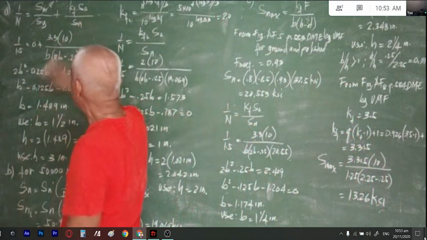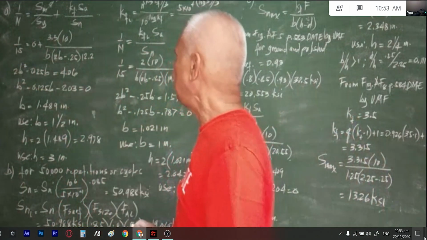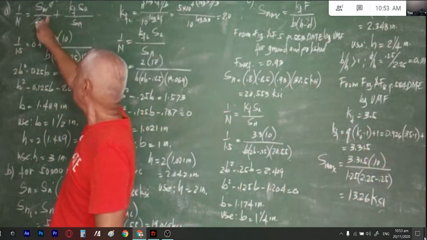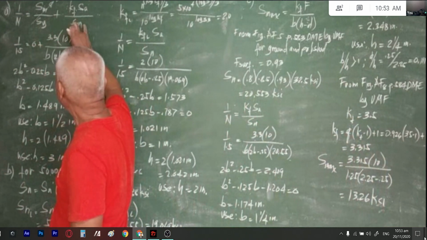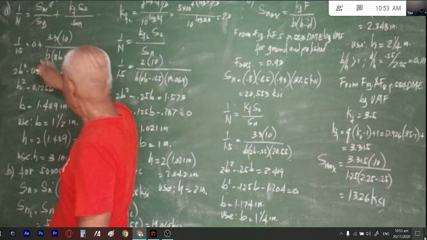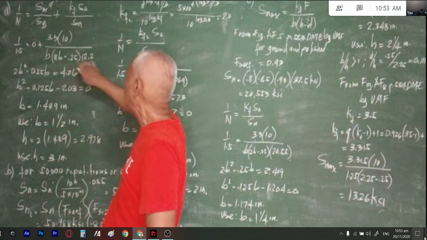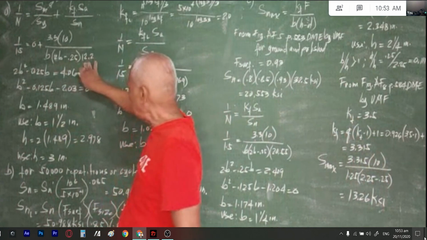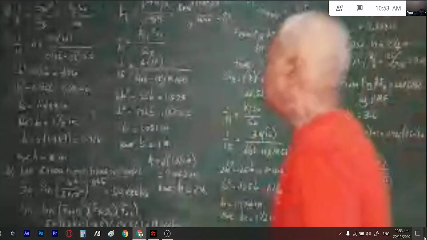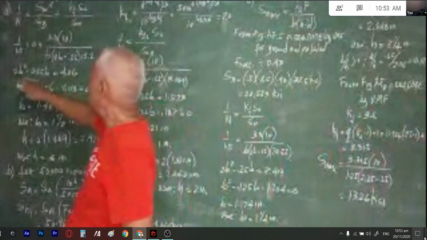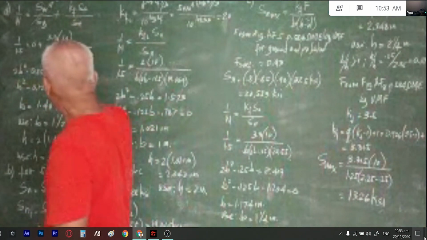So substituting values, 1 over 1.5 is equal to 0 plus 3.3 times 10 over P multiplied by the quantity 2b minus 0.25 multiplied by Sn, which is 12.2.